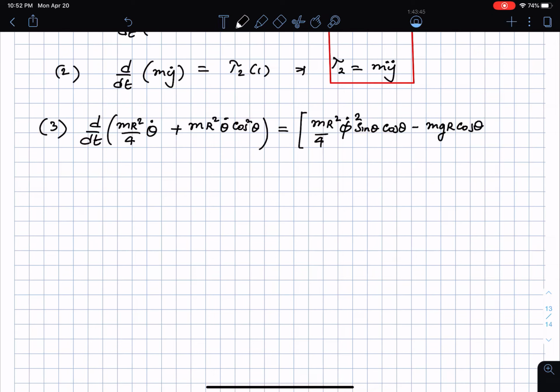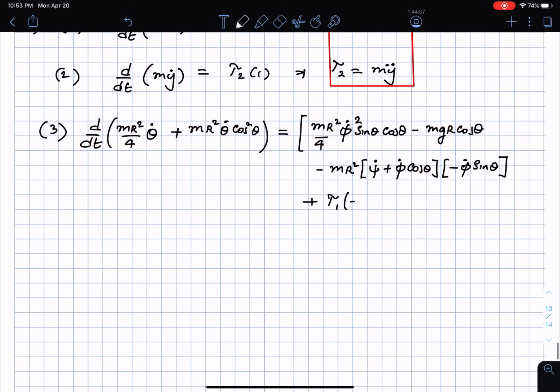Then I'm going to be having minus mr square times psi dot plus phi dot cos theta multiplied by minus phi dot sine theta. Okay, that's one thing. Then I'm going to be having plus lambda 1 times minus r sine theta sine phi, and then I'm going to be having plus lambda 2 times r sine theta cos phi. Okay, that's one big thing.